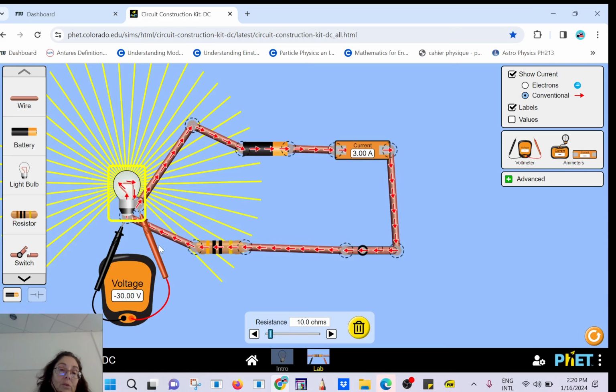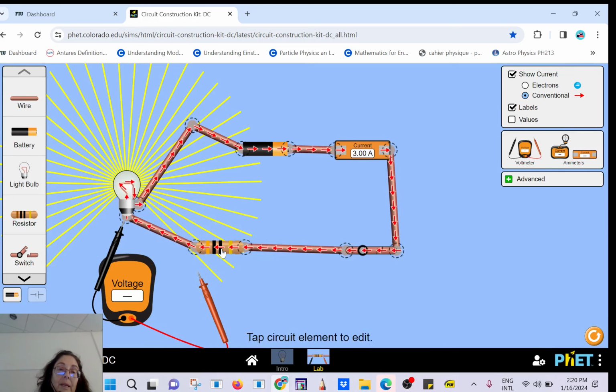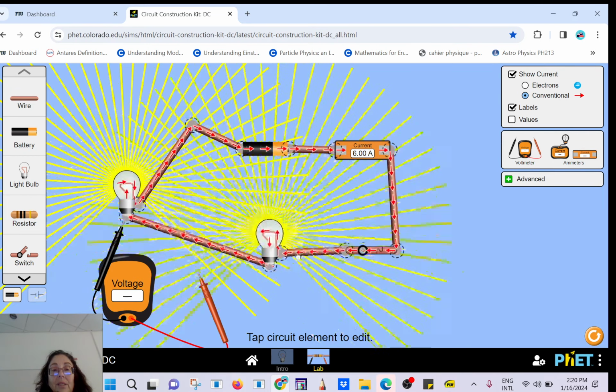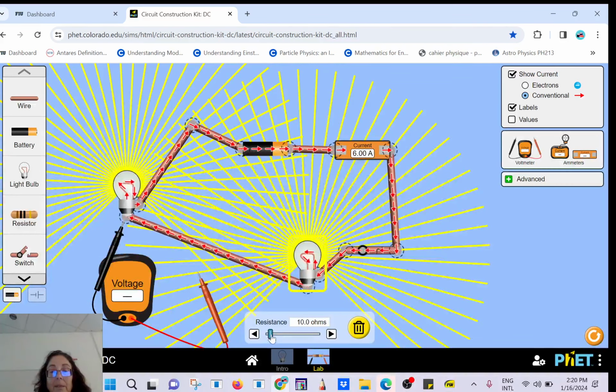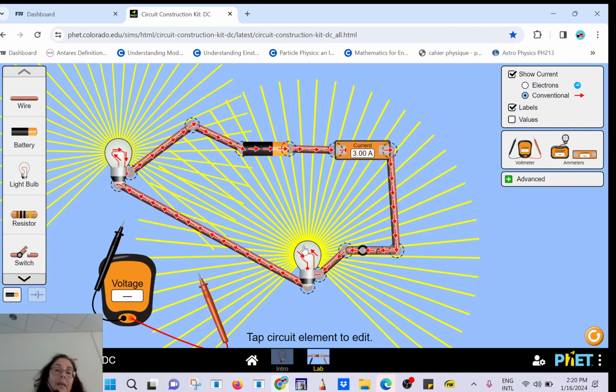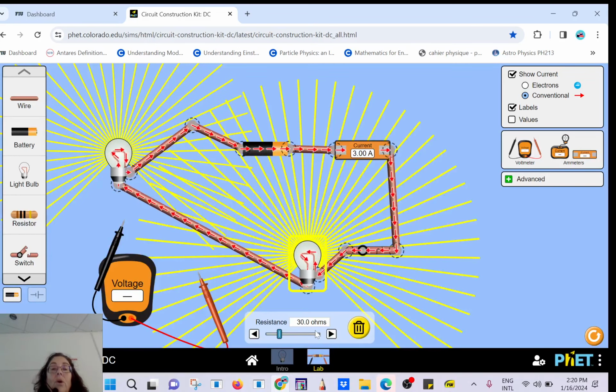But the issue with that is that, for example, I can replace this one with another load here, and I can change it with a 30. And this is not right. You see, the one with the 30 ohms is brighter.